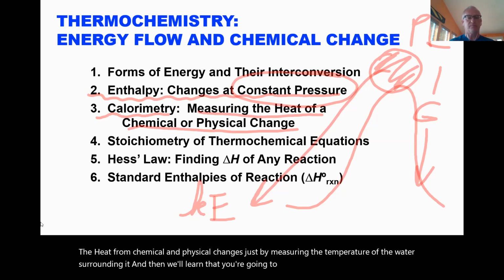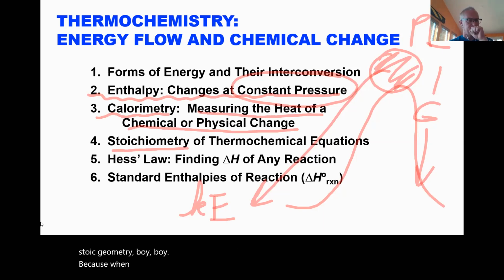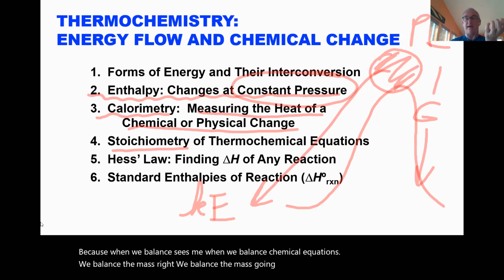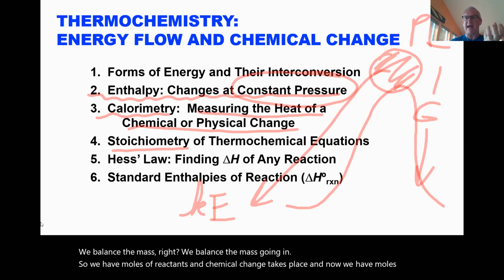And then we'll learn that you're going to be thrilled. I know you're excited. More stoichiometry. Oh boy, oh boy, oh boy. Because when we balance chemical equations, we balance the mass going in. So we have moles of reactants, and when chemical change takes place, now we have moles of products, and we know that the mass is conserved.